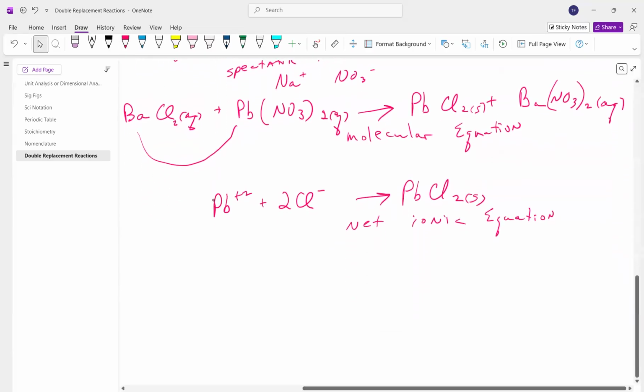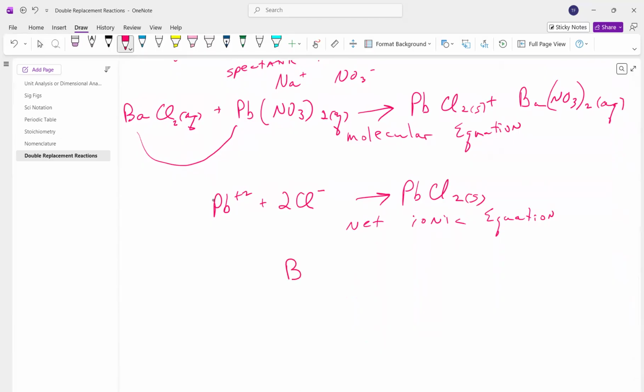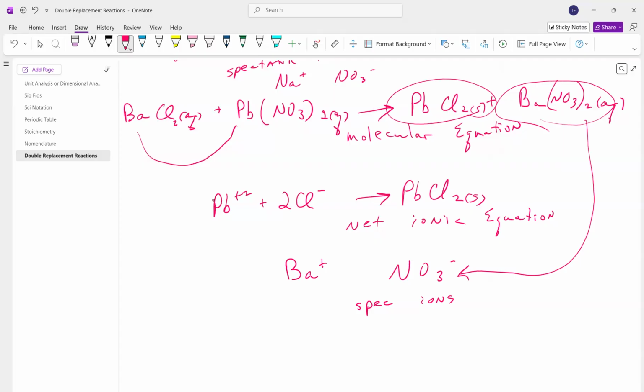And then what are our spectator ions? Well, barium didn't do anything. And the nitrate didn't do anything again. So this guy is that.